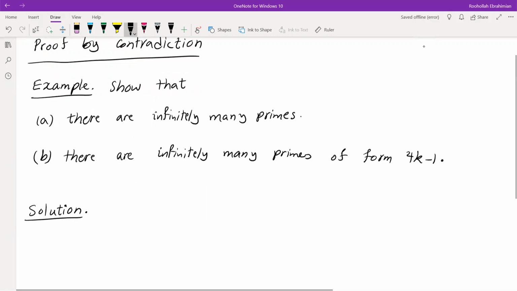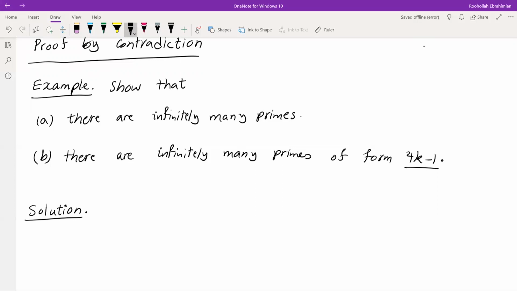The question is asking you to show that there are infinitely many primes, and the second one is asking you to show that there are infinitely many primes of a certain form. What it means is it is 4 times an integer minus 1. There are typically two ways of showing that there are infinitely many of something. One method would be to just write down a formula and say, here's a way to construct these infinitely many objects, in this case, prime numbers.